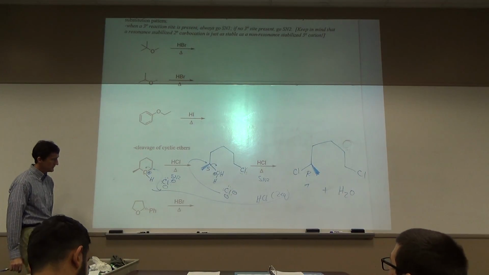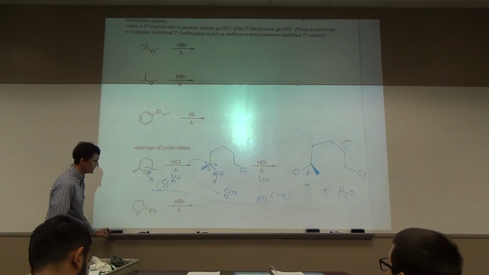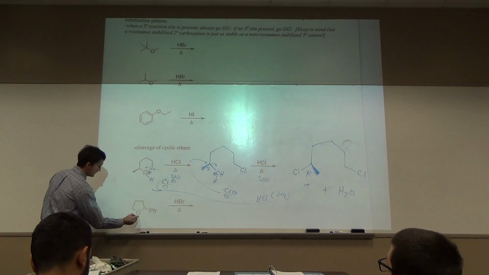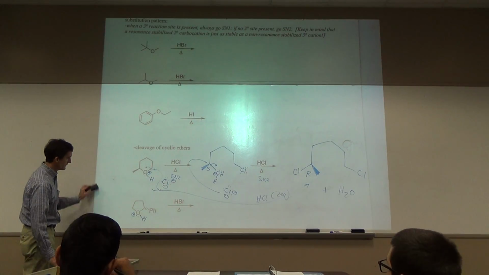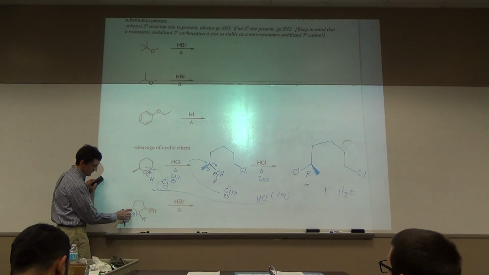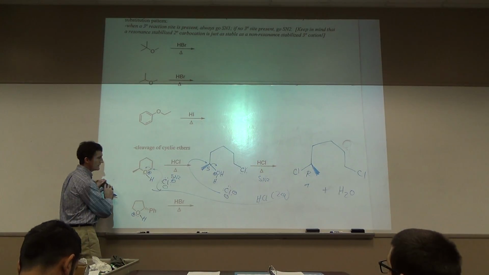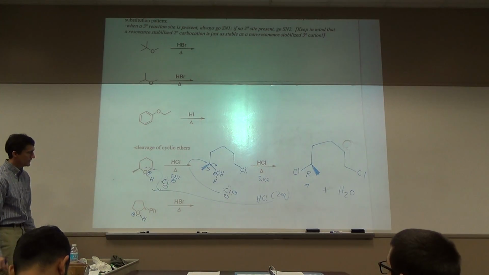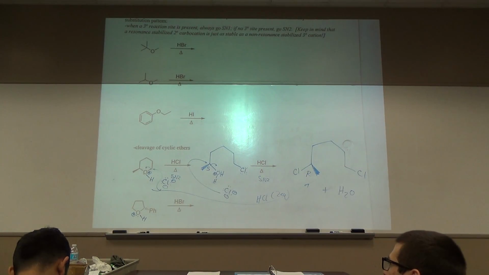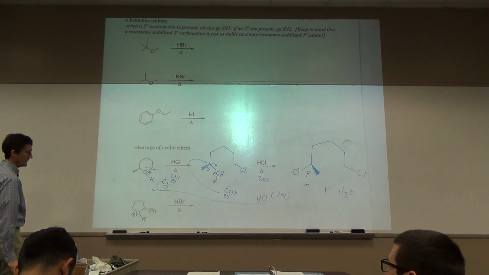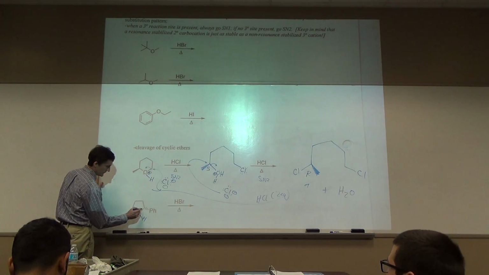Okay, how about down here? This cyclic ether with HBr. Well, we're protonating it, right? We got Br minus. Oxygen can ultimately leave carbon over here or there. What are we going to get? Do we have a tertiary site available? No, not exactly, but this is going to do this.